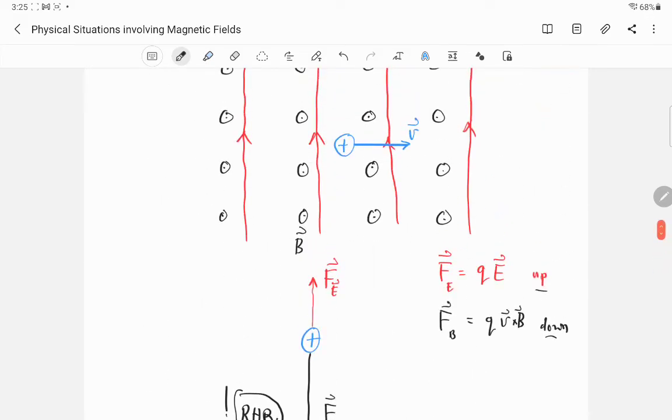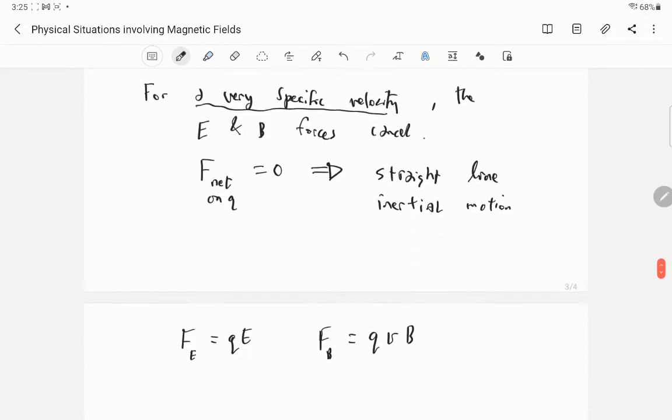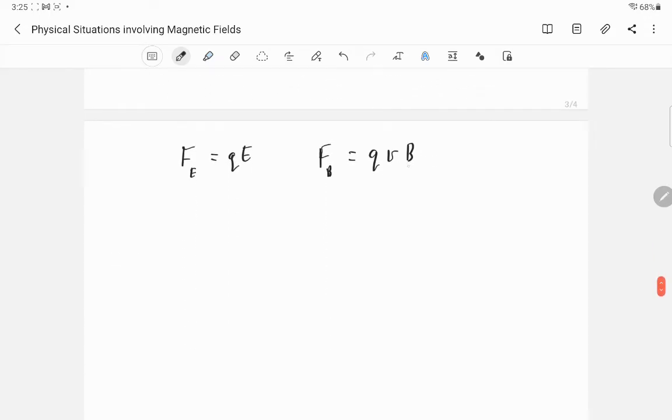The magnetic field is out, the motion's towards the right, so they're perpendicular, and the sine of 90 degrees is 1, so there's just a factor of 1 from the angle. But F net equals 0 depends upon F_E equals F_B in terms of magnitude. That is, the electric force and the magnetic force can cancel this way.